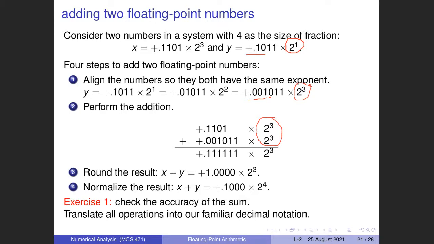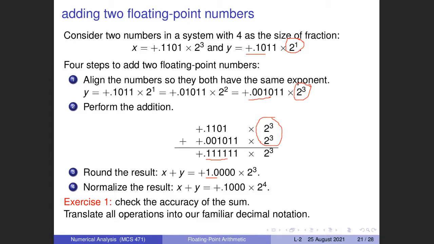But here you see where the round off actually does happen. And the round off here is also with chopping off. And here you can see that the result of the round off is not normalized. So we are going to round, but we are with 4 decimal places.